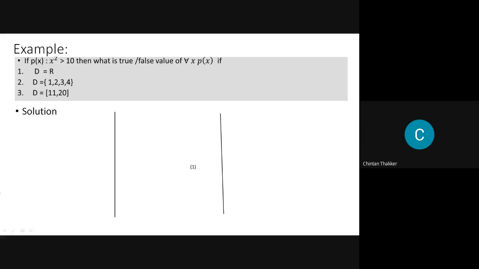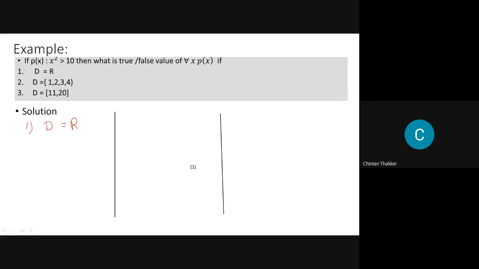Now we check this example to find the value of for all x P(x). In our first one we have D equal to R. To find the value of for all x P(x), you have to check for a counterexample. A counterexample means you have to find the value of x such that P(x) becomes false.